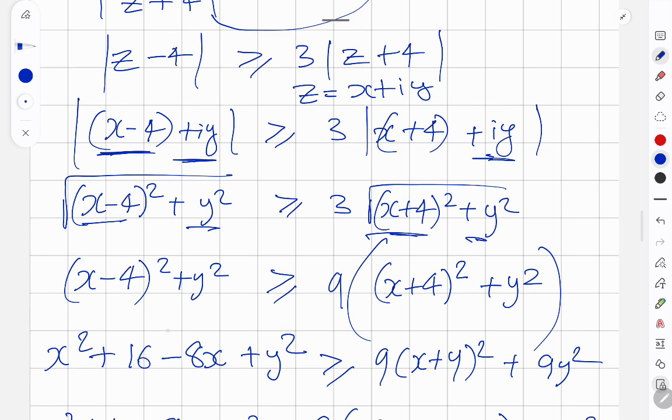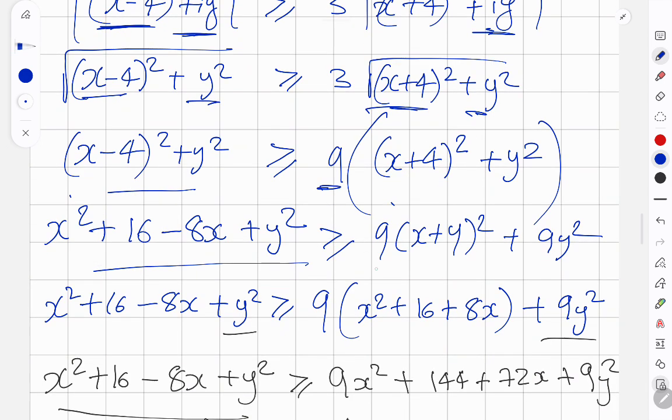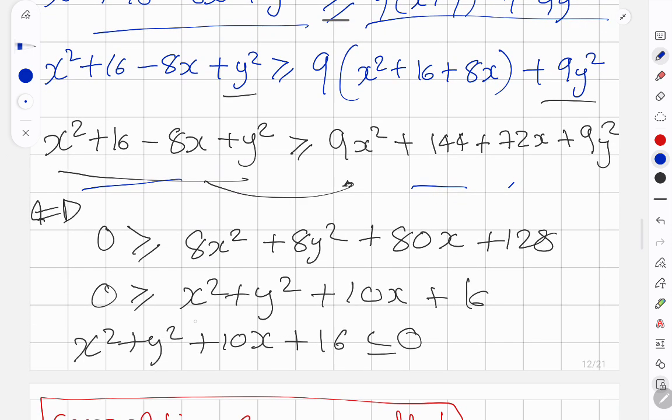Then to avoid the square root, I squared both sides. So this must be 3 square, 9, and this. Then I got an equation that must be greater than this. Then I took everything to that side and got one inequality, this one.